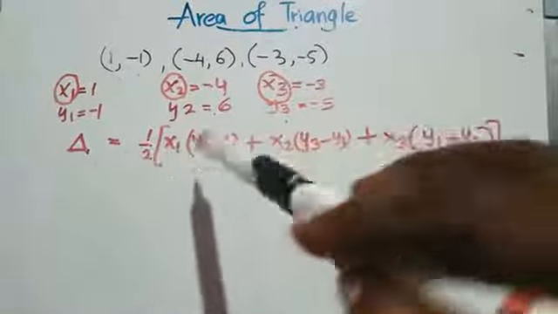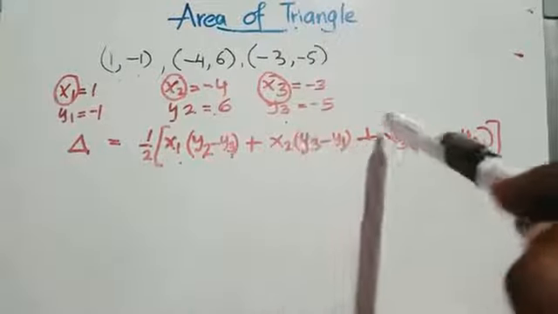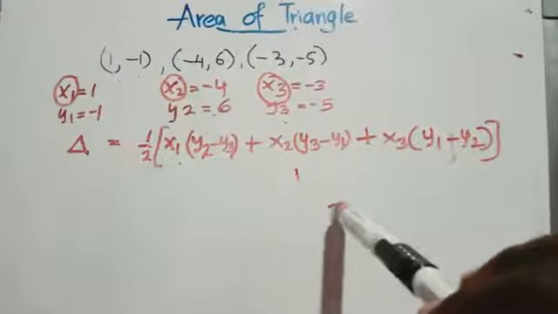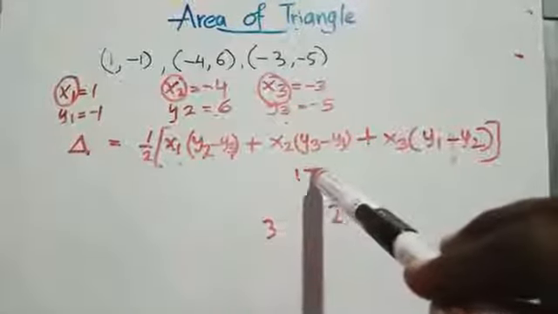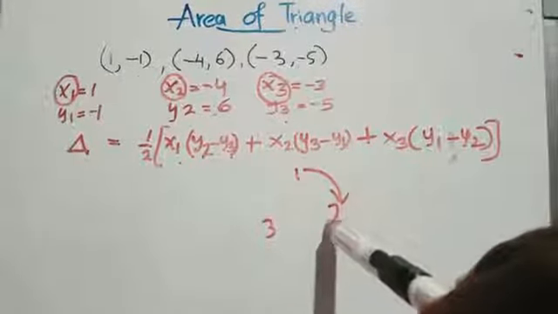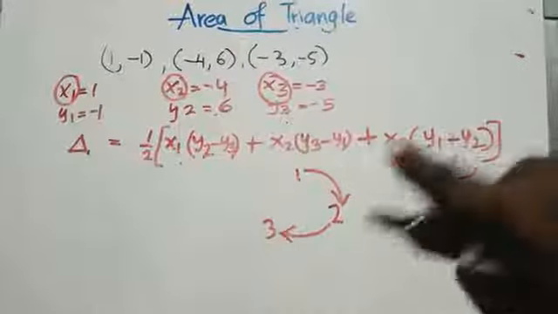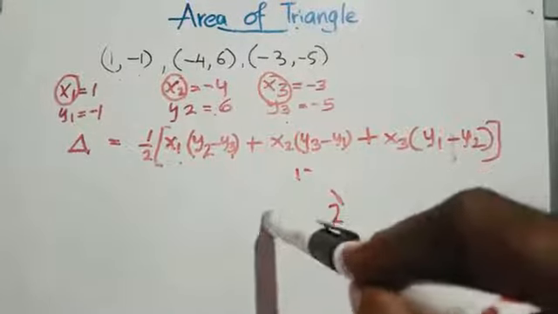See here in the formula, 1 2 3, 2 3 1, 3 1 2. It is a cyclic formation. In the first one we write 1 2 3. The second one we start from 2, so it will get 2 3 1.